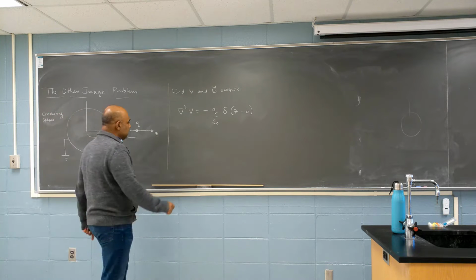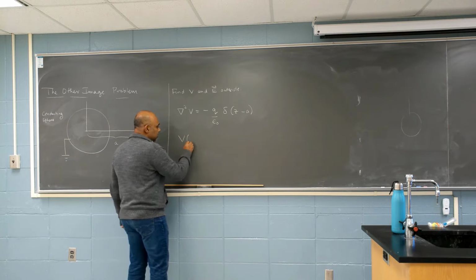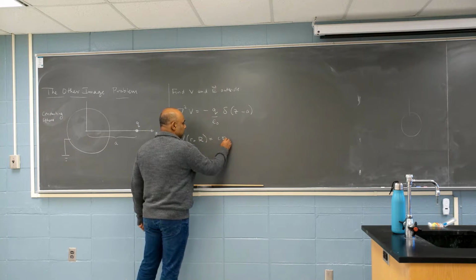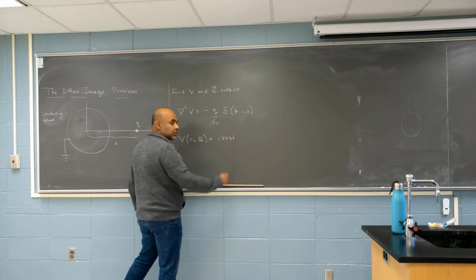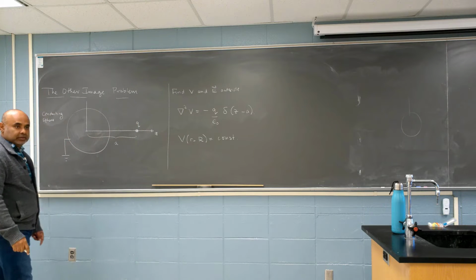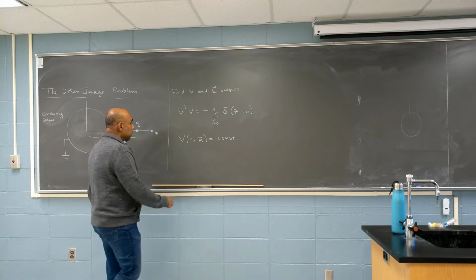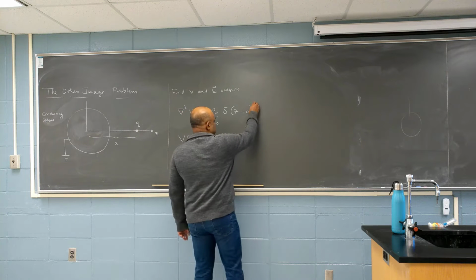And the second condition that is required, V at the surface of the sphere is constant, because a conductor is an equipotential surface. So these are the requirements.